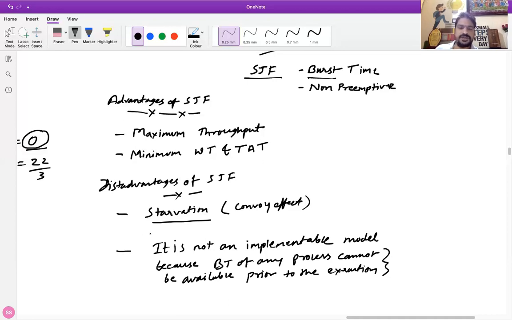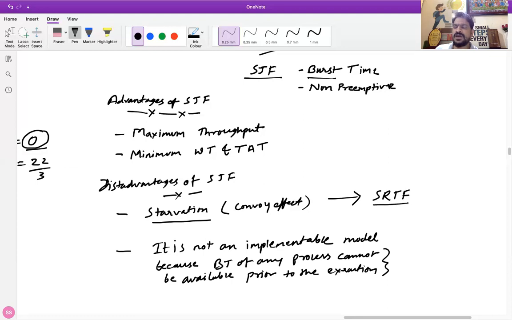Now let's talk about the first disadvantage, which is called starvation. This particular problem can be solved with a different type of algorithm, called the shortest remaining time first algorithm. This is another variation of the shortest job first algorithm.